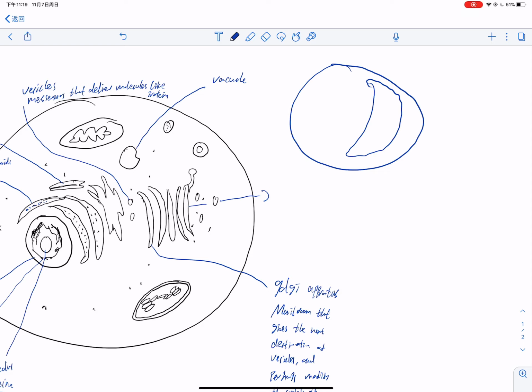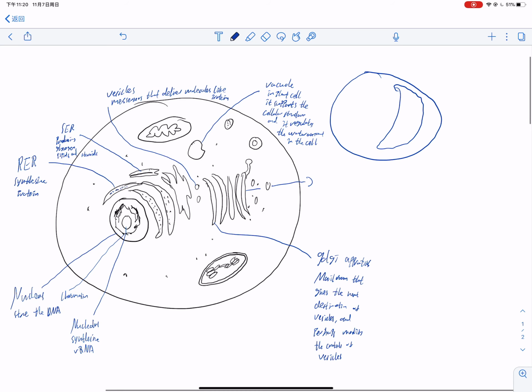In the plant cell, it supports the cellular structure and it regulates the water amount in the cell. The plant vacuole.